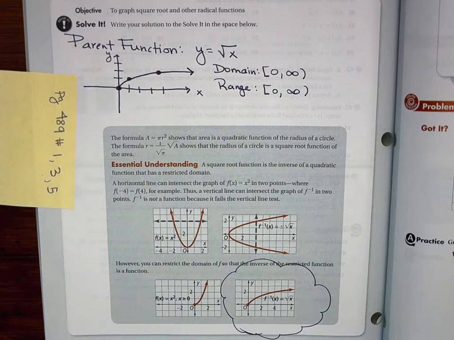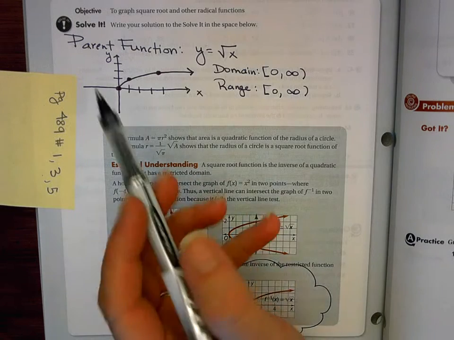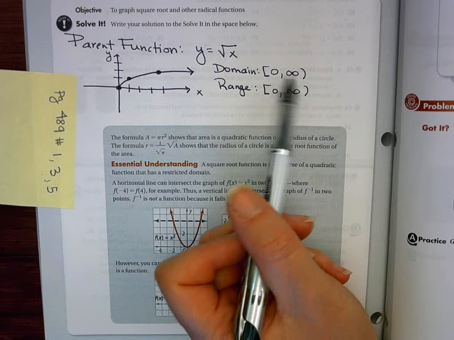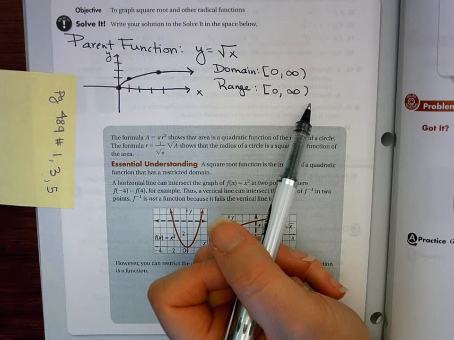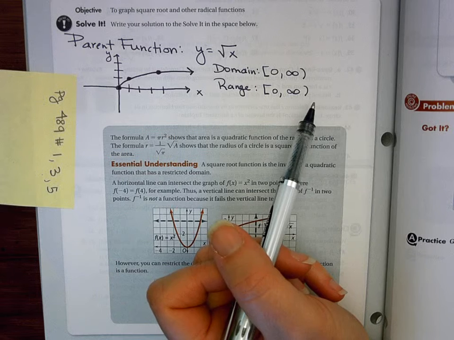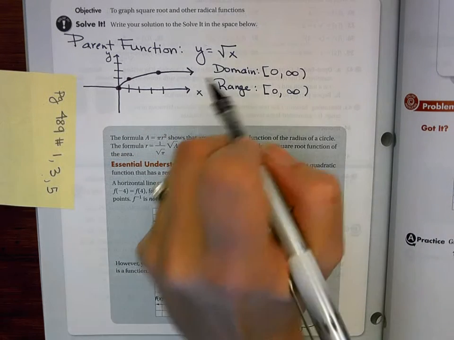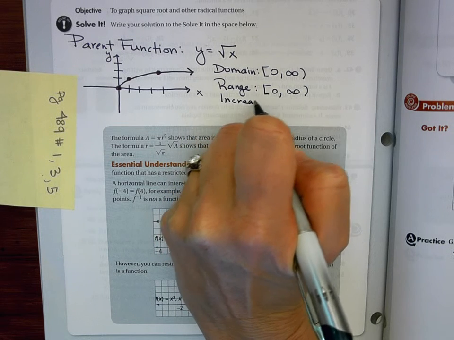So we'll do the same thing, from 0 to infinity. One of the things that we need to make sure we're always paying attention to on our square root graphs is there should always be one of these be infinity. Okay, so we need to remember that. They're always growing forever in one of those directions. Okay, so there's our domain and range. The other thing we're going to have to remember is increasing and decreasing.